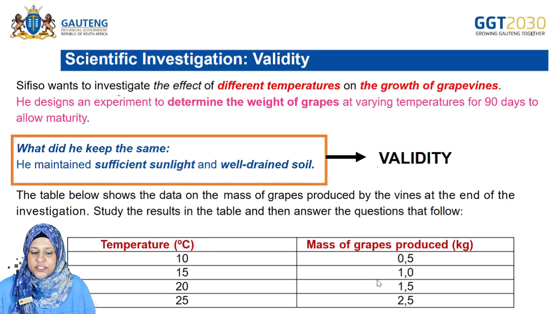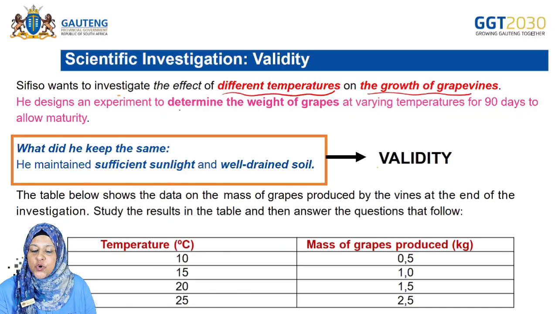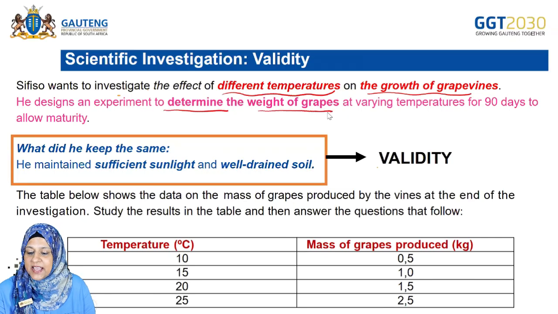Right. So let's look at this. Sifiso wants to investigate the effect of different temperatures on the growth of grapevines. He designs an experiment to determine the weight of the vines at varying temperatures for 90 days.